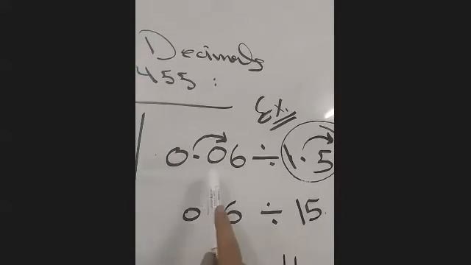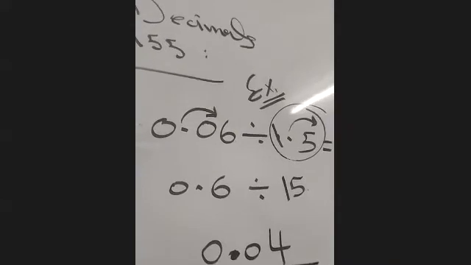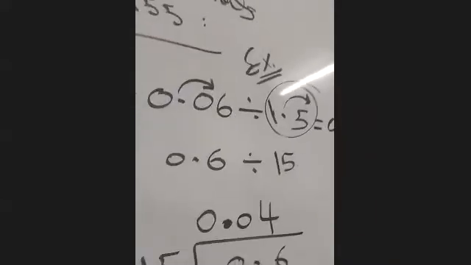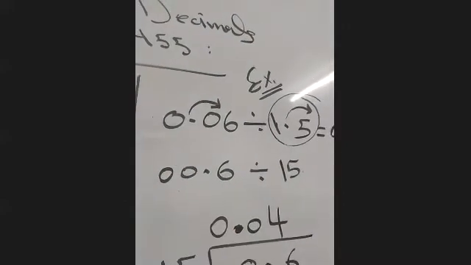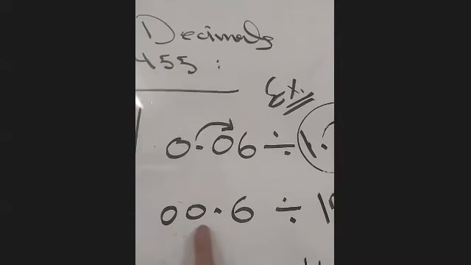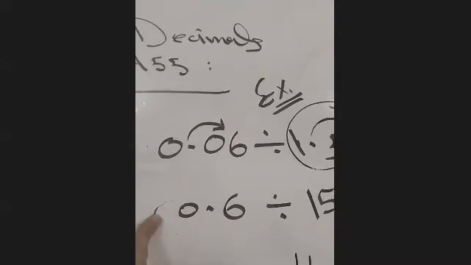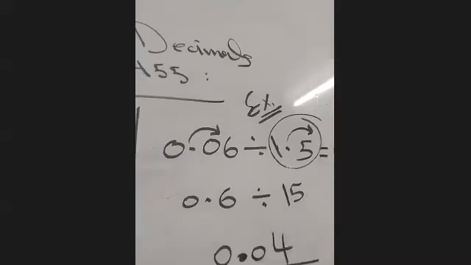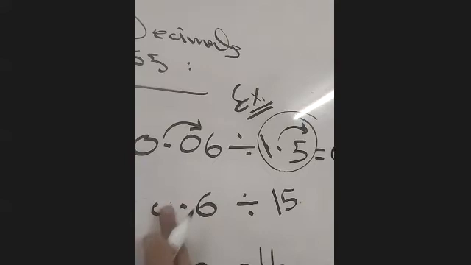And 0.06 becomes 0.6. Here we have 2 zeros. No need for 2 zeros beside each other before the decimal. 1 zero is enough. Why don't we erase it all? It will be empty.